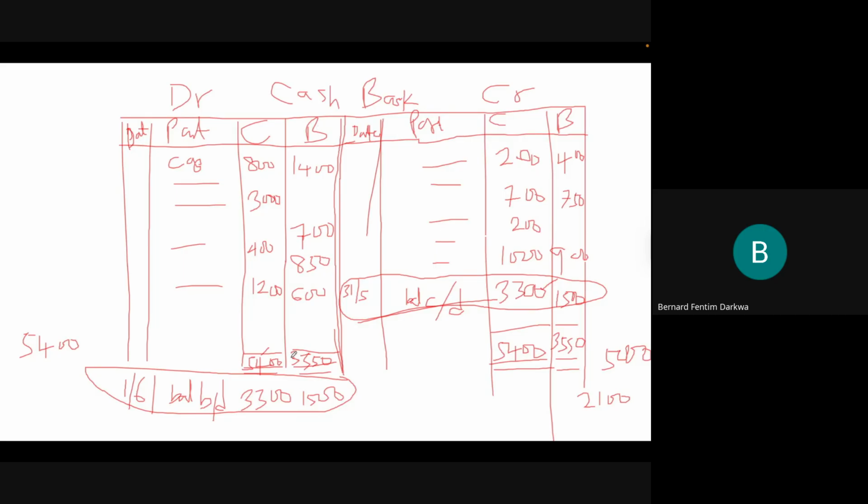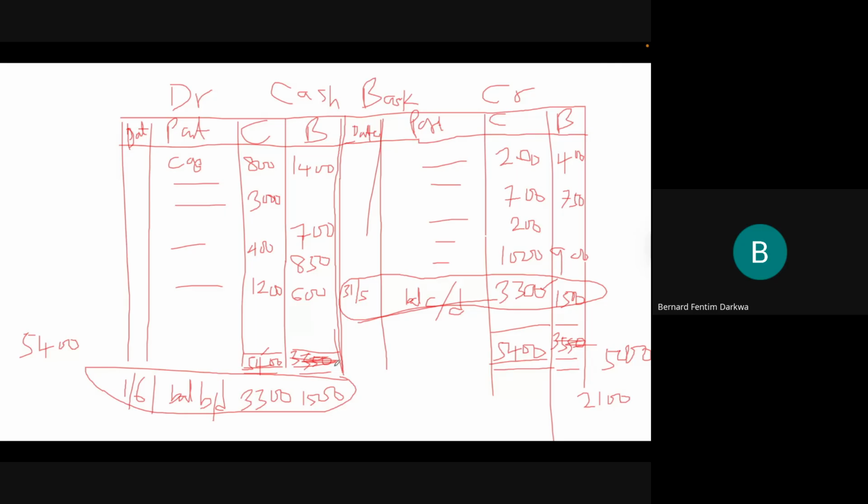In that case, we cannot use this one as the balance. So in this case, we have to use the 5,000 as the closing balance.